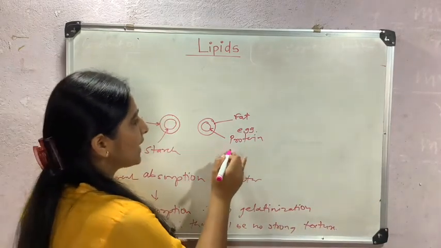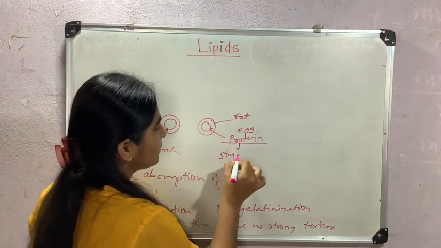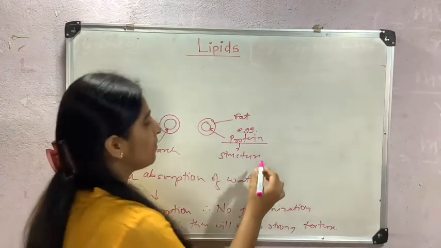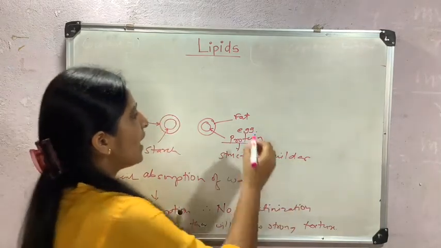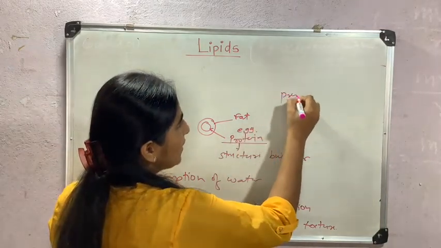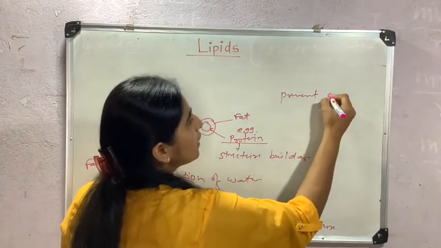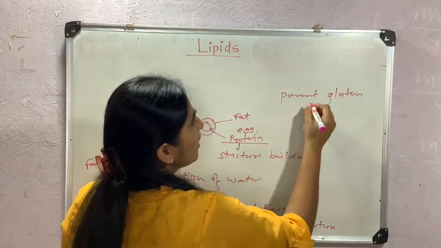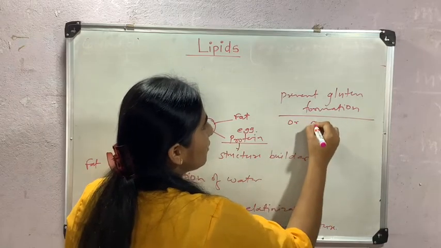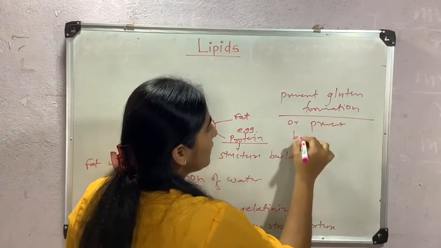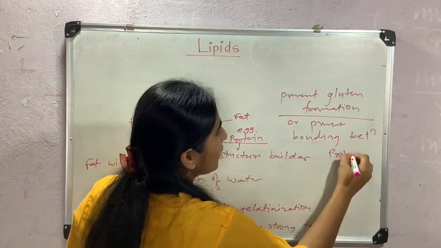Same here in the protein case, as proteins are used as structure builders in bakery products, this fat will coat this egg protein and will prevent contact between protein and water. Therefore it will prevent gluten formation, or bonding between protein and water.